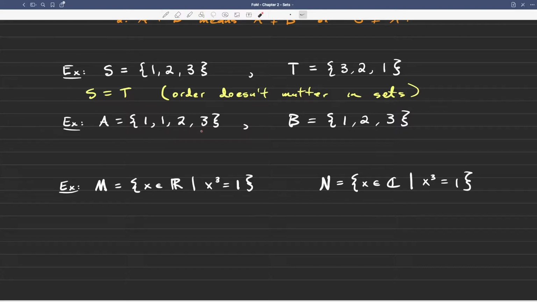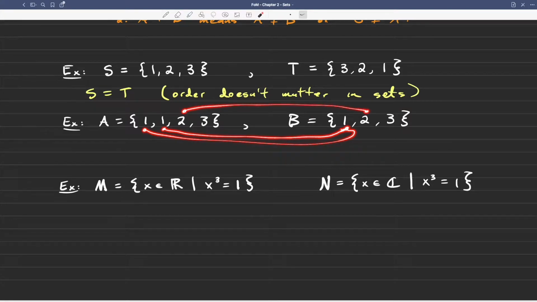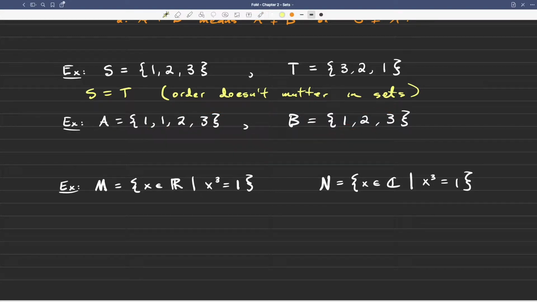So if you think about containment, you could go, okay, this 1, is it contained in B? Yeah, there it is. Is this 1 contained in B? Yeah, there it is. Is this 2 contained in B? Yeah, there it is. And is this 3 contained in B? Yeah, there it is. So all the elements of A are in B, and vice versa. So here we have A is equal to B. And the moral of the story here is that repeated elements don't matter.